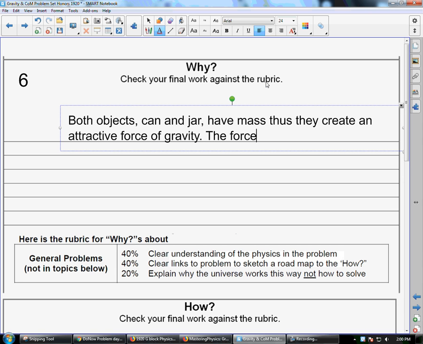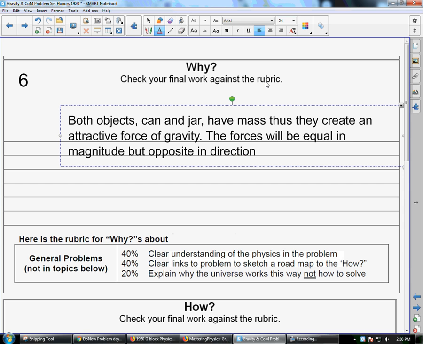The forces will be equal in magnitude but opposite in direction.